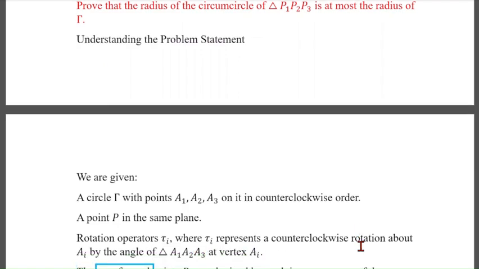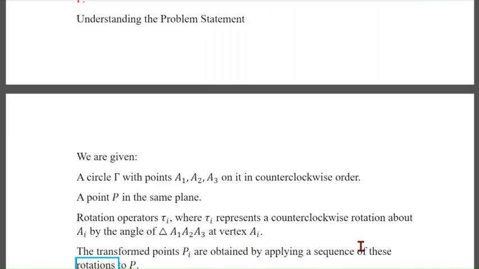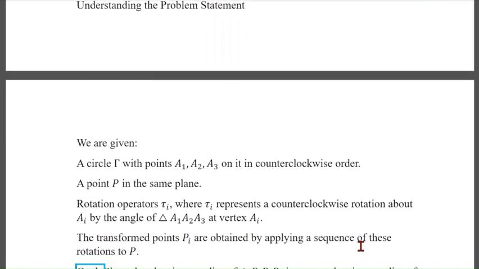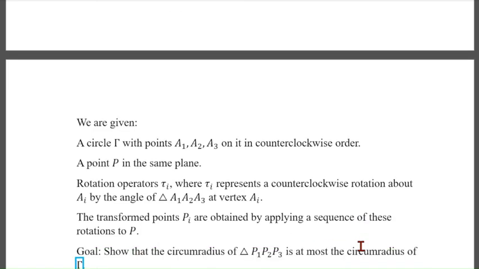The transformed points P_i are obtained by applying a sequence of these rotations to P. Goal: show that the circumradius of P_1, P_2, P_3 is at most the circumradius of Γ.